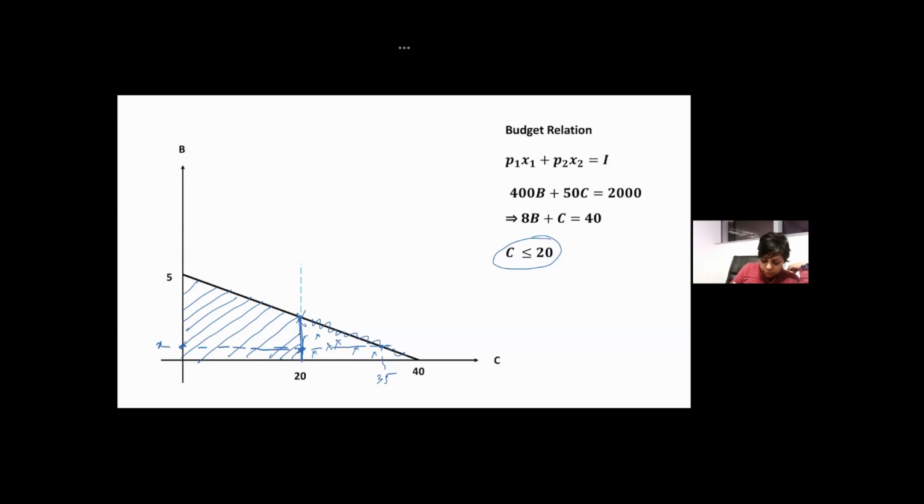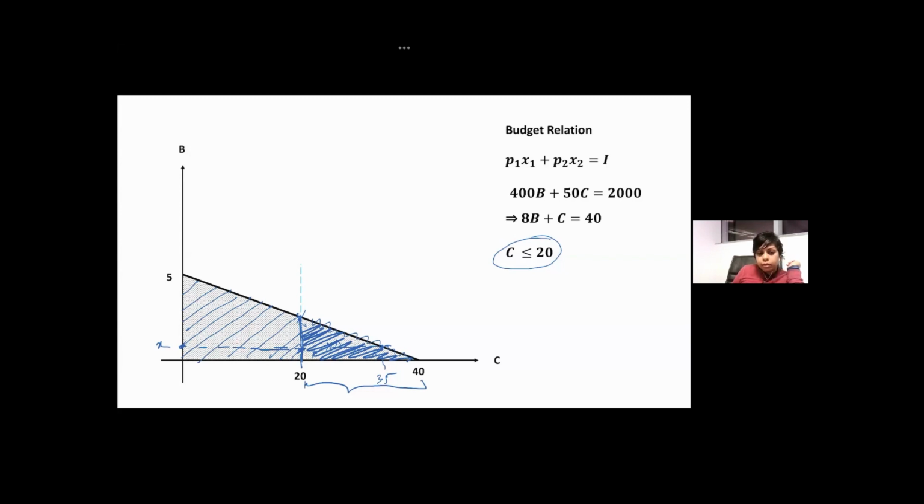So for books, you can still vary from 0 to 5. There is no constraint on the quantity of books. But coffee is not going to increase beyond this point 20, which is why we are removing this part. This part is lost. The remaining part remains because the books you can vary, only this part you cannot vary anymore. You cannot exceed 20 anymore. This is a hard deadline.